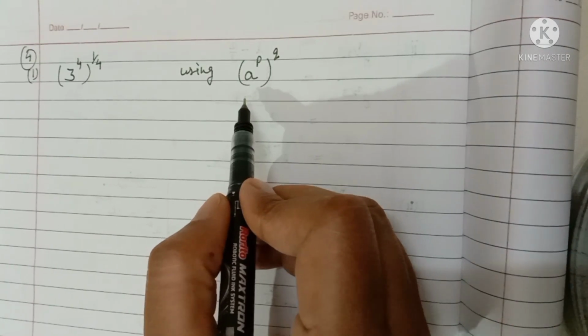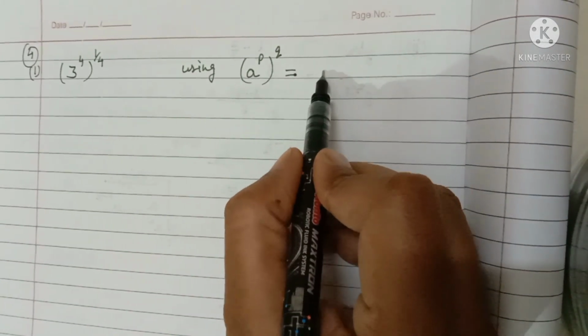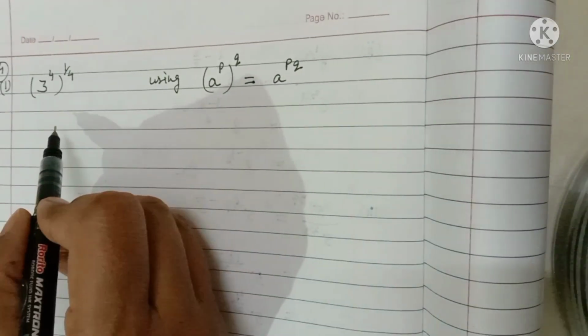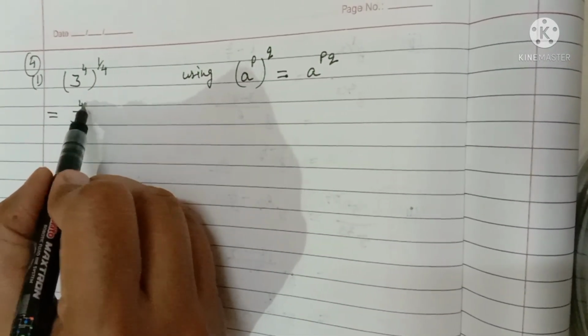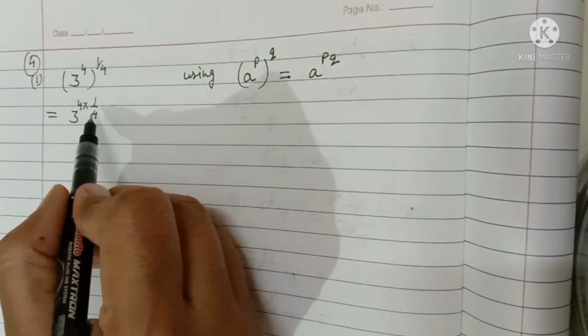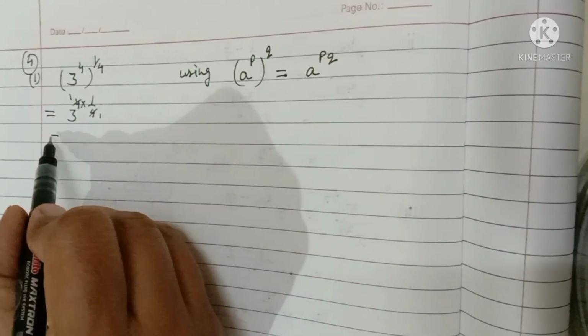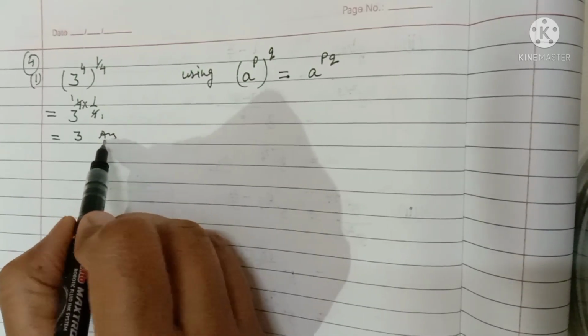So how could you write it? This thing is equal to a to the power of p q. Now solve it. This thing is equal to 3 to the power of 4 into 1 upon 4. Now 4 1s are 4, 4 1s are 4. You will get 3. So this is the answer.